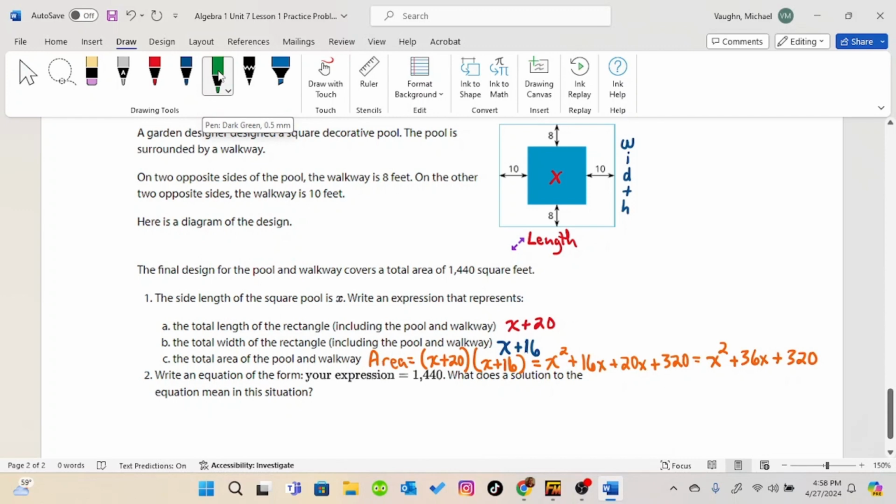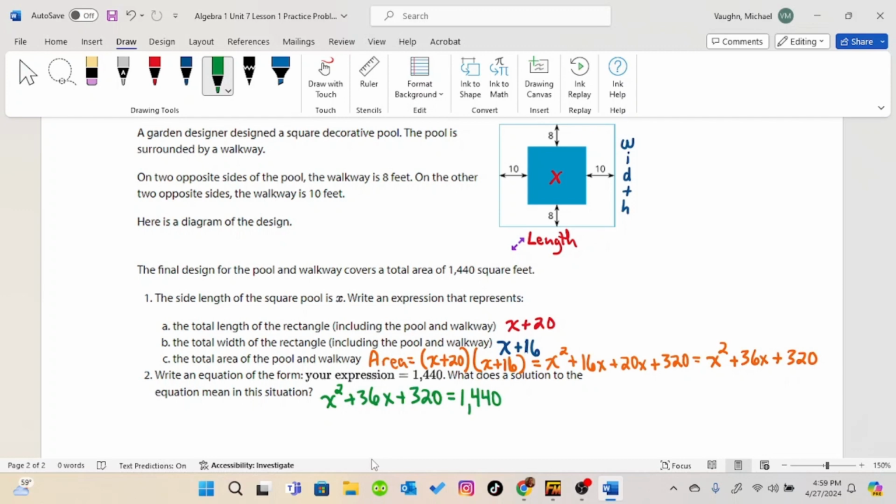Write an equation of the form your expression equals 1,440. What does a solution to the equation mean in this situation? So first, it would be x squared plus 36x plus 320 equals 1,440.